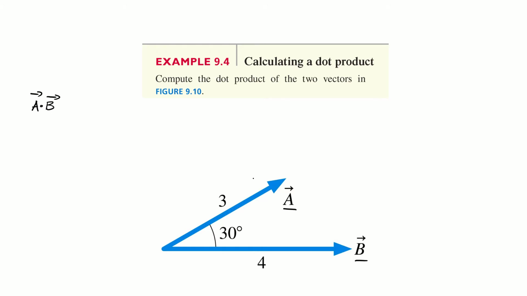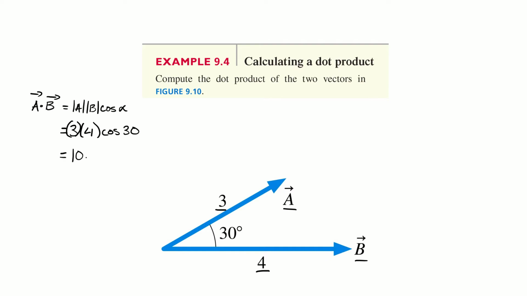In the first way, the geometrical representation, this is just the magnitude of A times the magnitude of B times cosine of the angle between those two vectors, which in this case is 3, the magnitude of A, times 4, the magnitude of B, times cosine of the angle between them. This ends up being essentially 10.4.